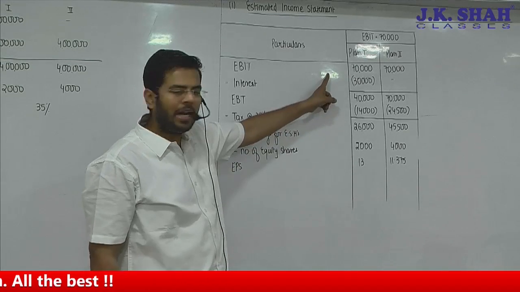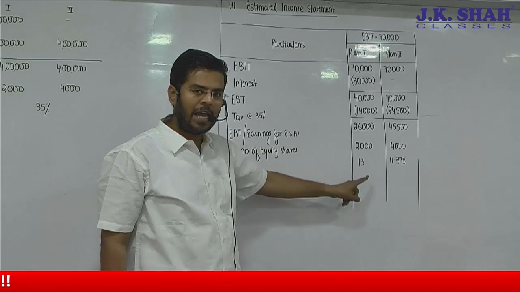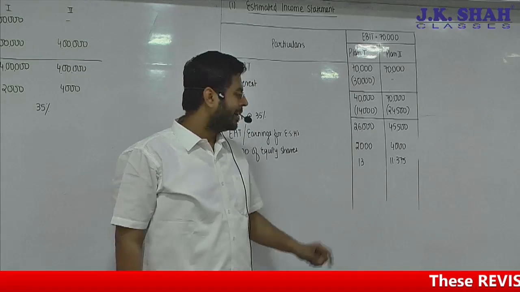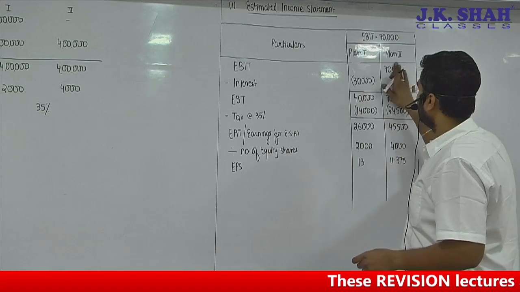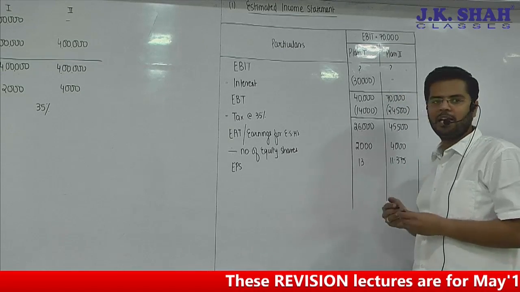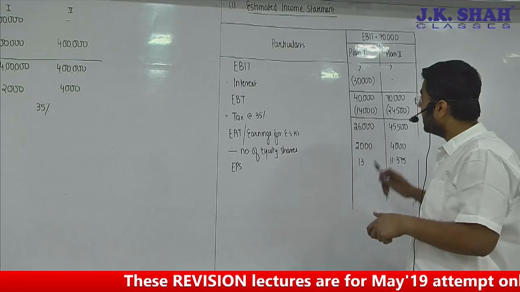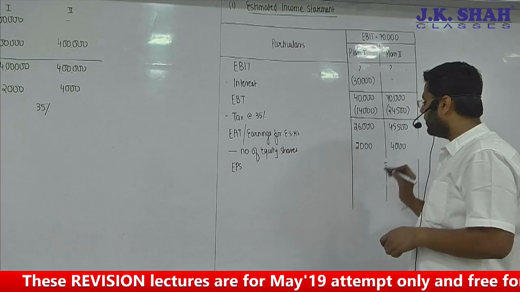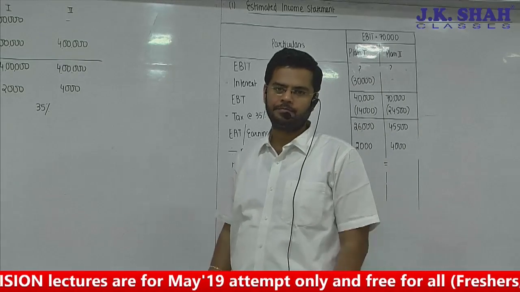Acha, when my EBIT is 70,000, am I getting the same EPS? No. So at what level of this EBIT should I get the same EPS? That level of EBIT where I get the same EPS will be technically called the indifference level.